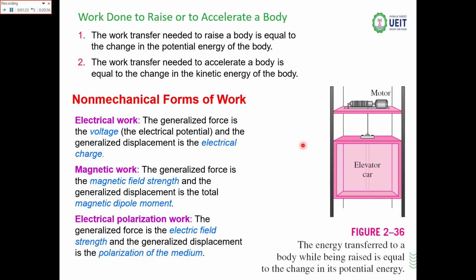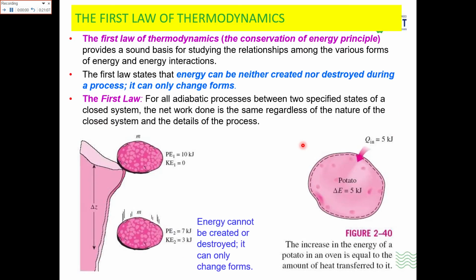The generalized force is the magnetic field strength, and the generalized displacement is the total dipole movement, the movement across the two poles of the magnet. Now the electric polarization work. The generalized force in this case is the electric field strength, and the generalized displacement is the polarization of the medium, how the medium has been polarized, how the atoms are shifted, positive on one side and negative on the other side.